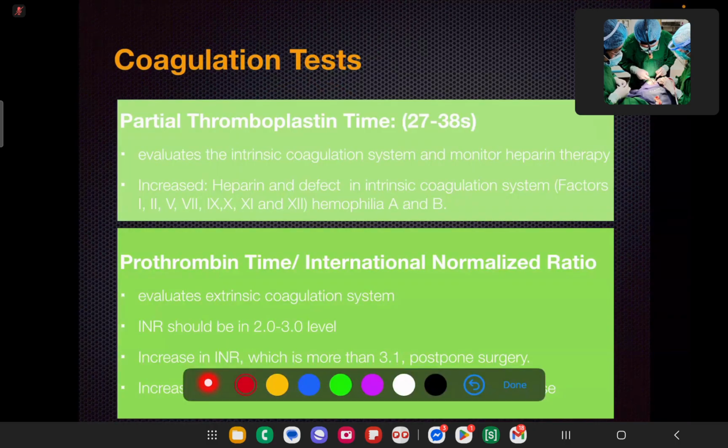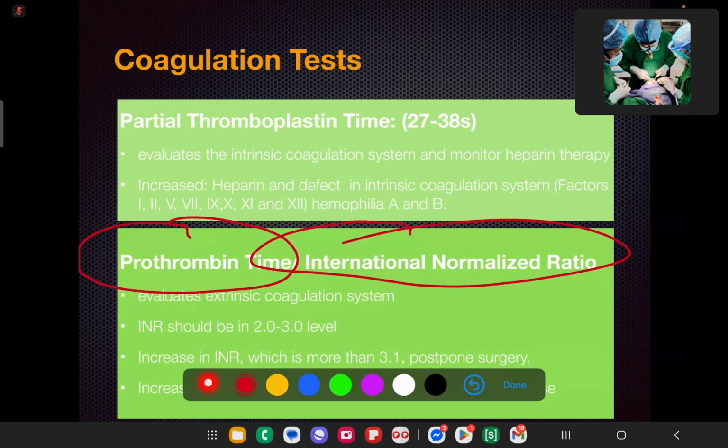And if your patients are taking Coumadin and warfarin, the best test is actually the prothrombin time or the international normalized ratio. If your patients are taking Coumadin and warfarin to control the coagulation time of your blood, especially the extrinsic system, when you're going to perform surgery, you have to make sure that the levels of your INR would be around 2.0 to 3.0.